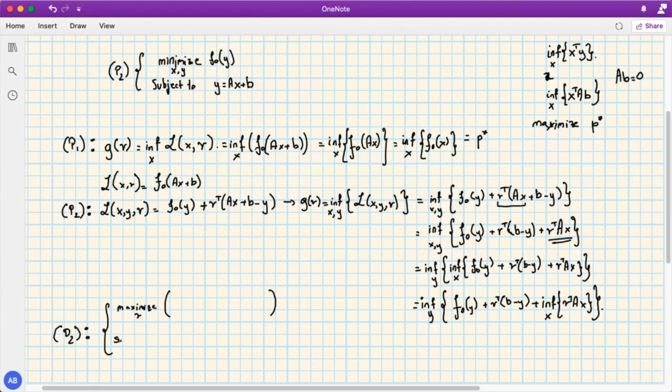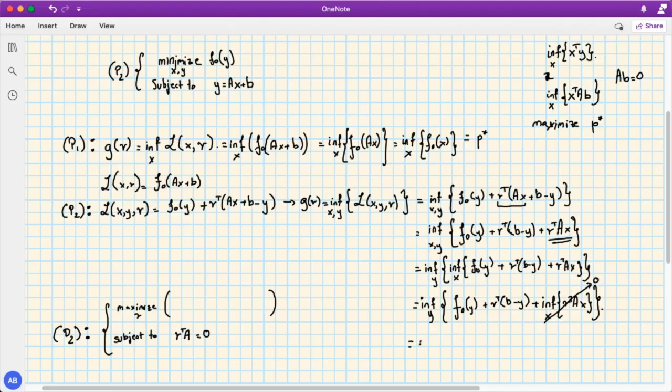But what I do know is that, while I was deriving the term g of nu, I paused at a place and imposed the constraint that nu transpose A is 0, right? So why am I doing this? Because I don't want this term to go down to minus infinity. Instead, I'll keep it well controlled at 0.